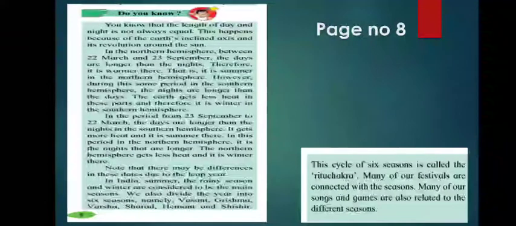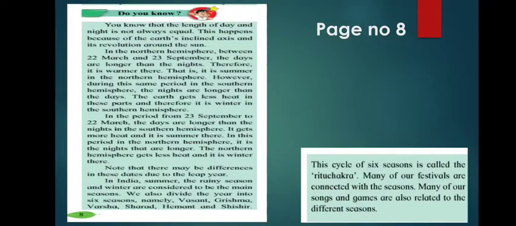Now, these are a few facts or information in your textbook. You know that the length of the day and night is not always equal. Day and night are not always equal. This happens because of the earth's inclined axis and its revolution around the sun.